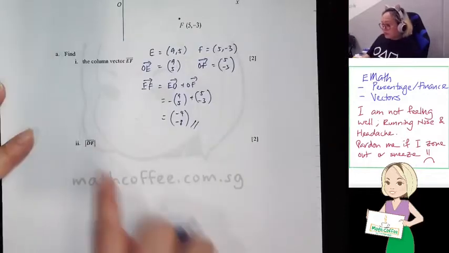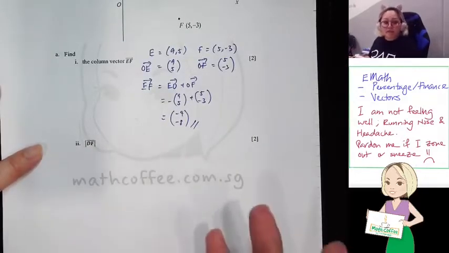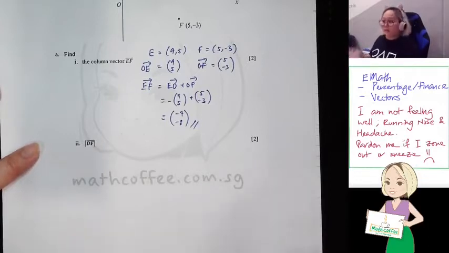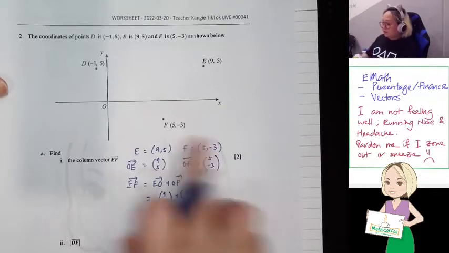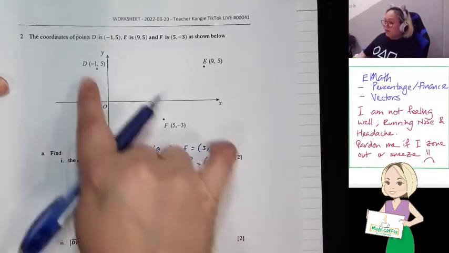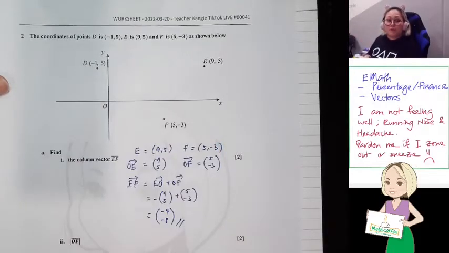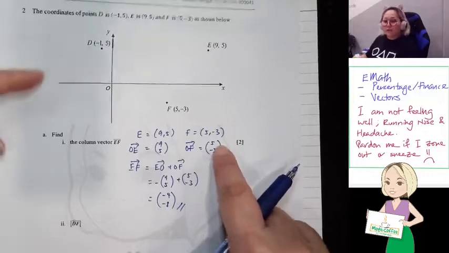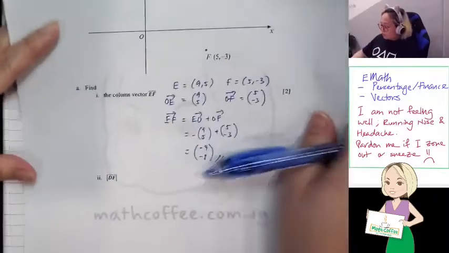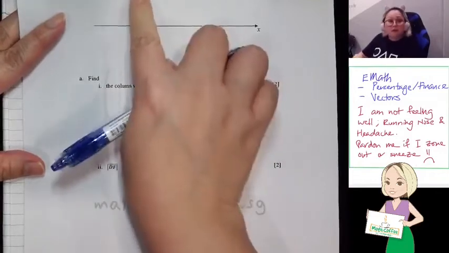Okay, next, DF. So, I need to have my vector DF first. The bad news is I don't have it yet, but you can find it. It will be the same. So, that means the same step as over here. You need to find the position vector of D. You need to find the position vector of F, which we already have over here. Okay? So, what you need to do is go and find my OD, which is negative 1 and 5.